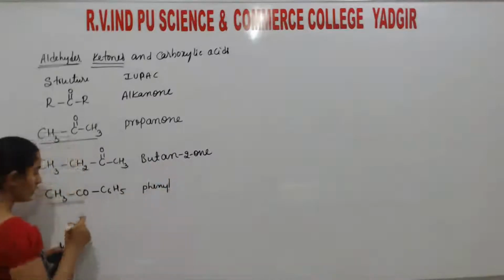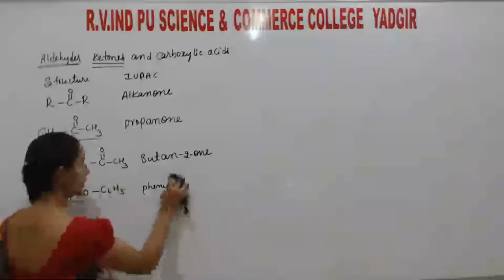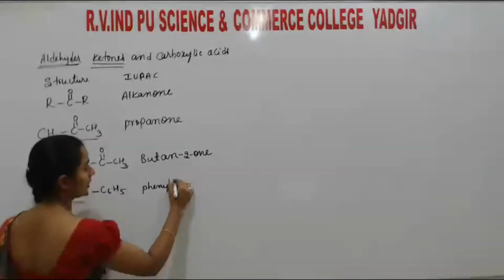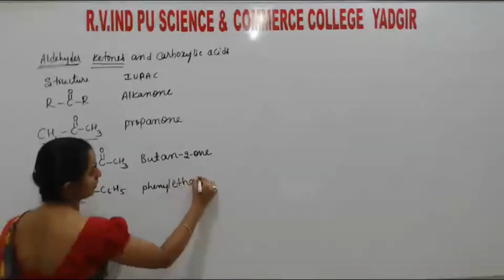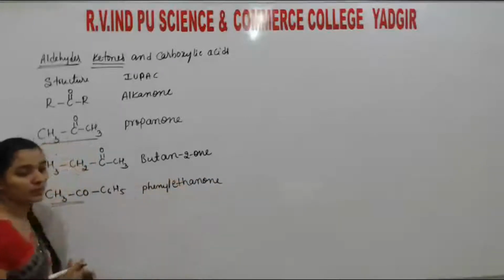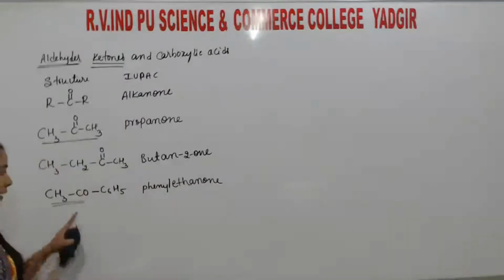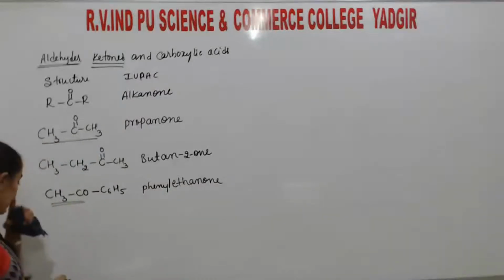Phenyl. Okay, so this one is 2 carbon atoms, means that is ethane, with E replaced. Phenyl ethanone is the name of the compound. Phenyl ethanone. Okay, next.